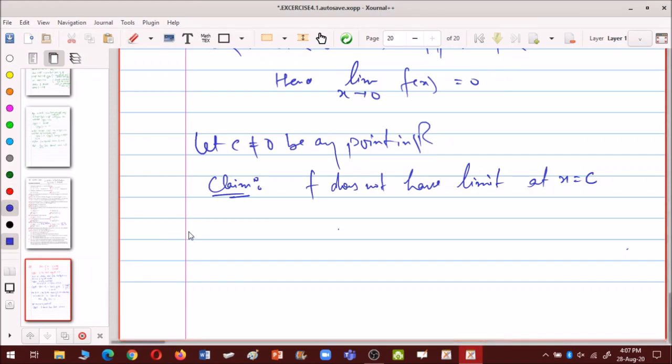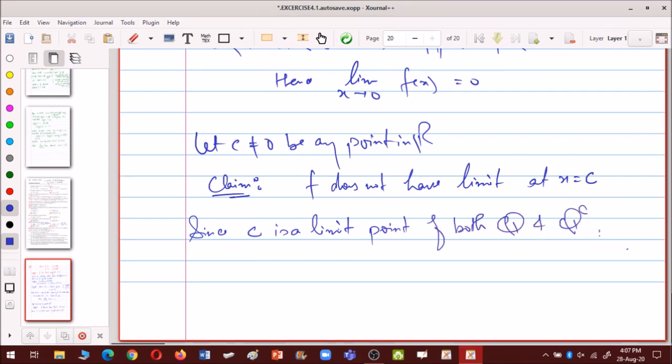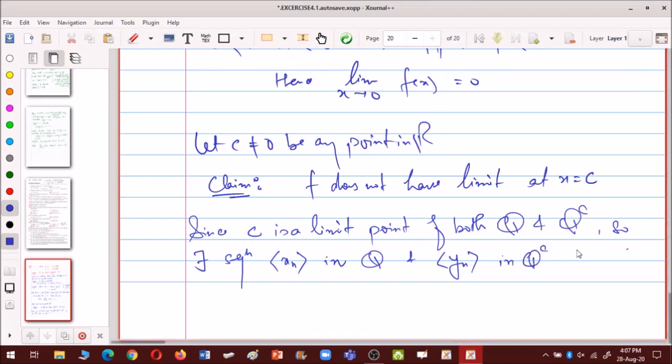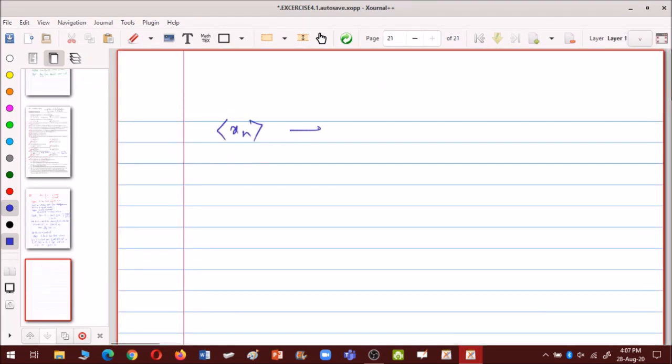So what we will do now, since C is a limit point of both Q and Q complement, there exist sequences Xn in Q and Yn in Q complement such that Xn is not equal to C for all n, Yn is not equal to C for all n, and Xn converges to C and Yn converges to C.